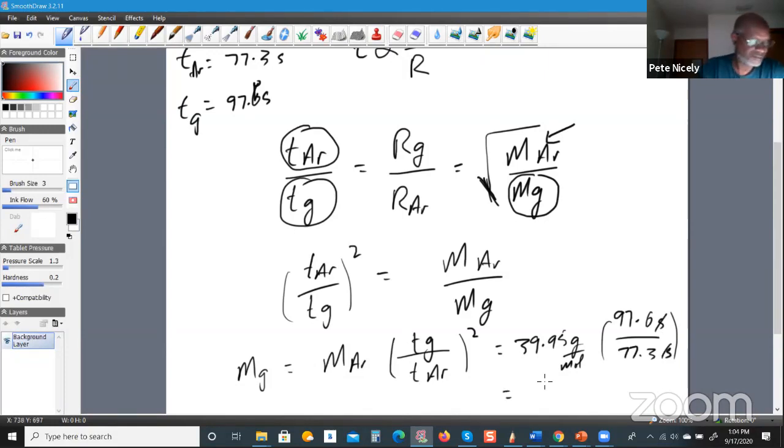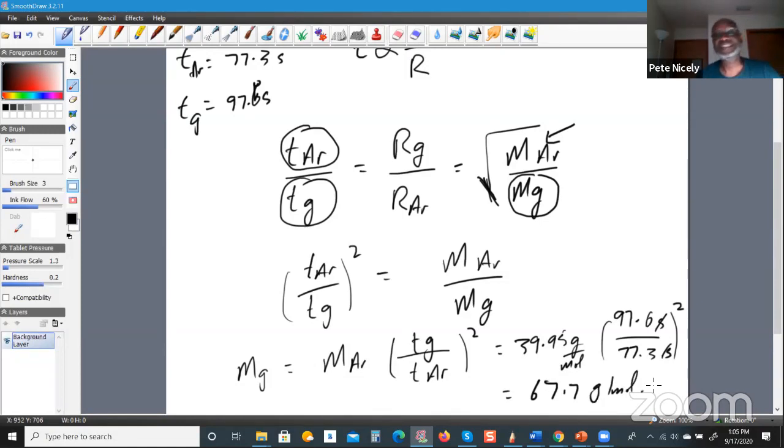So let me do my calculation here. 39.95, oh, very important. How could I forget? Squared. Okay. So let me do what's within the parentheses first. 97.6 divided by 77.3. Then I square it, and then I multiply by 39.95. And to round this off to 3 sig figs, the answer becomes 63.7 grams per mole, all right?